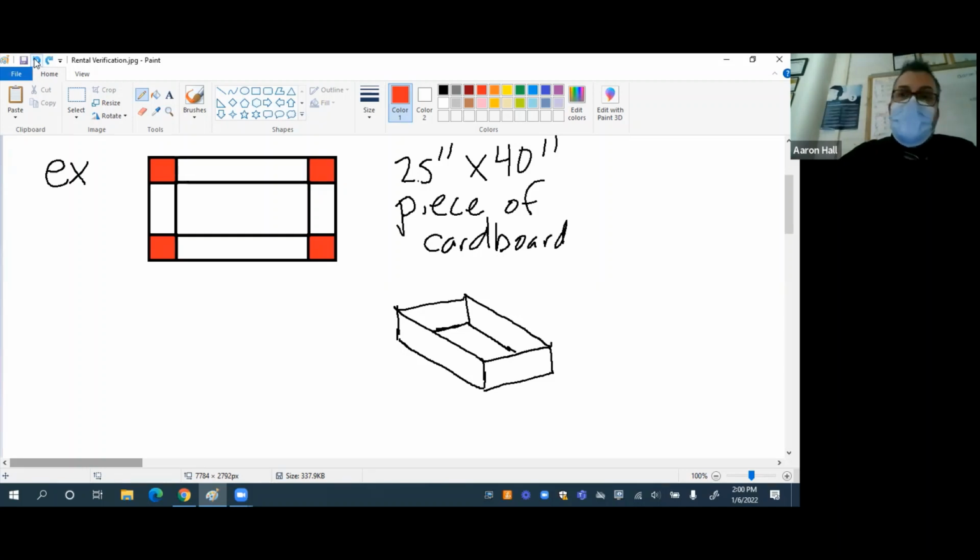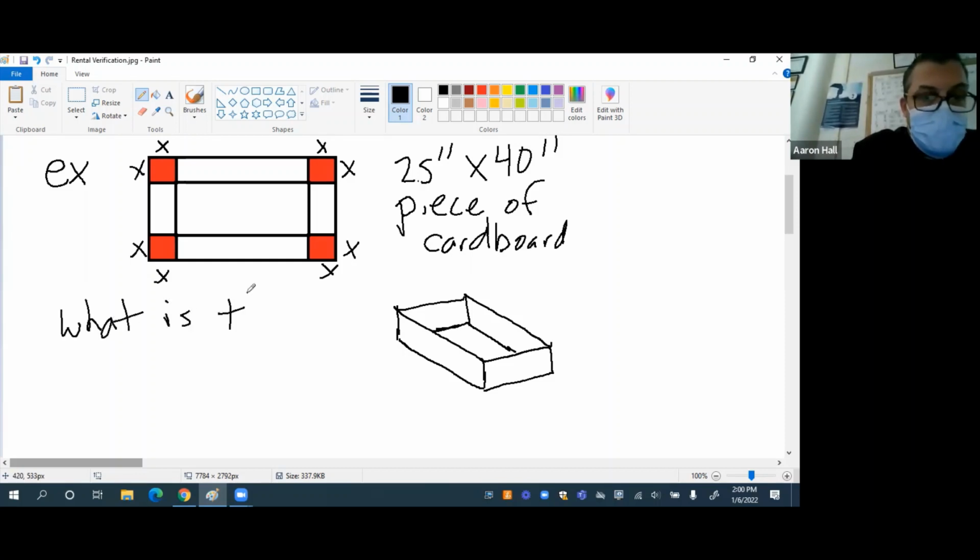So we're looking at a square, and I'm trying to figure out this length here that I'm going to cut out, X, for all of these. And I want to know what is the maximum volume that I can get from this cardboard piece.